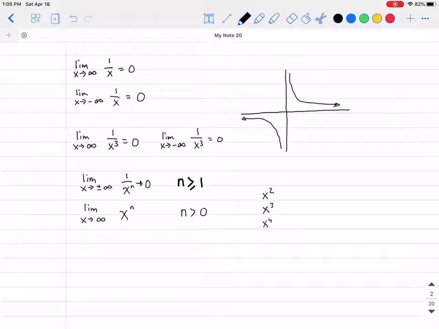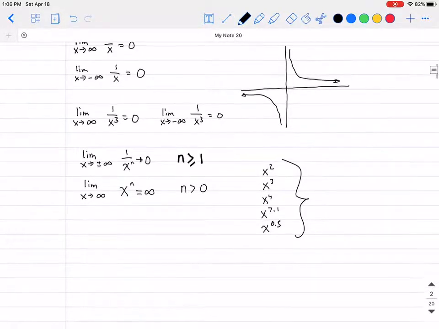For example, if I have x squared, or x to the third, or x to the fourth, or x to the 7.1, or maybe x to the 0.5. All of these, as x gets bigger and bigger, you're going to get a y value that's going to be bigger and bigger too. So for the limit of this, the limit is supposed to be equal to infinity in this case.